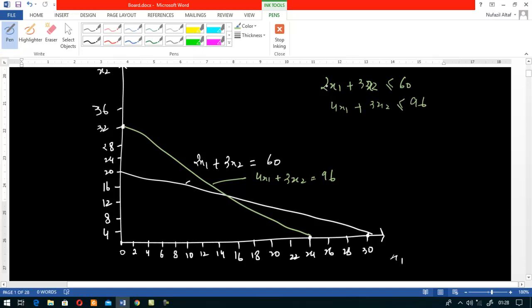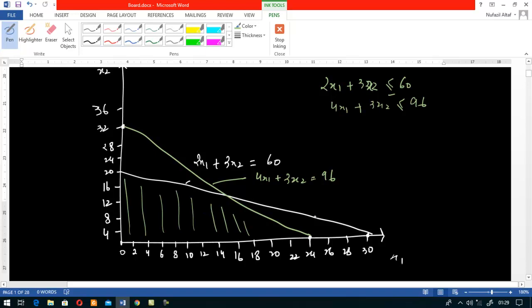Equation 1 says that it's a less than type, so I have to look at the less than area for equation 1, which is over here. And equation 2 also has a less than area. From both the less than areas, the common area will be this.